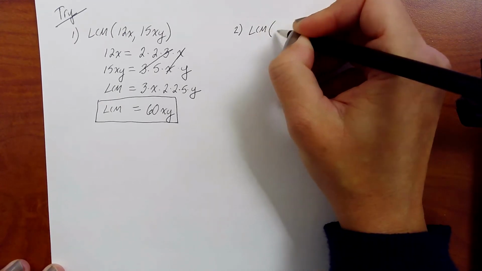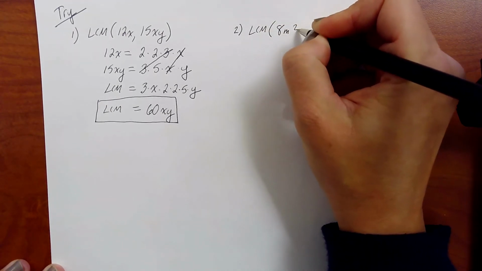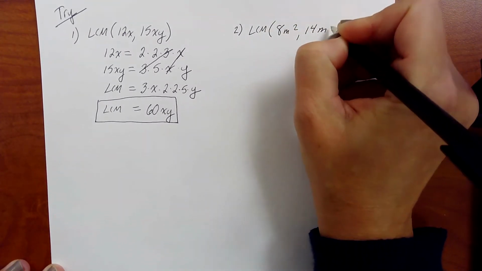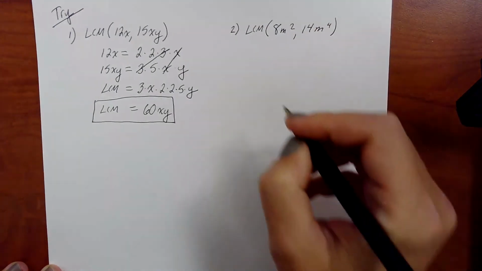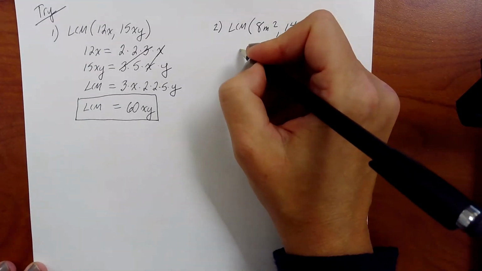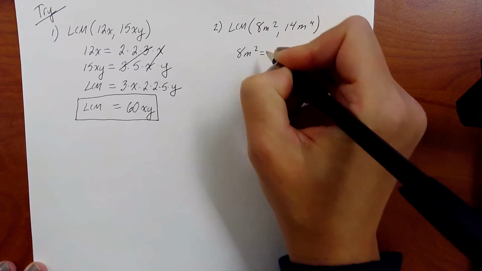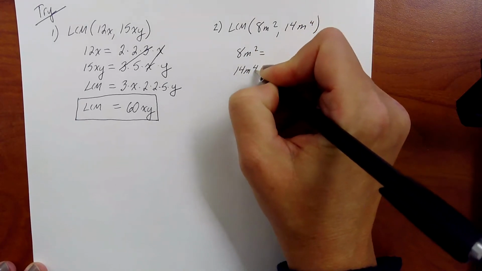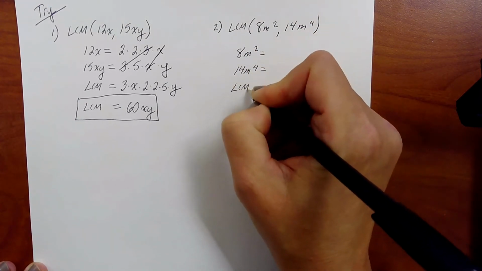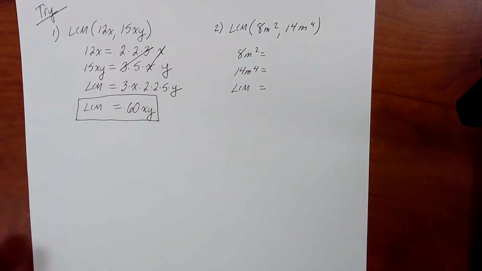All right, good. Okay, try another one here. LCM of 8m squared and 14m to the 4th. Okay, 8m squared, 14m to the 4th. Go ahead and try it.